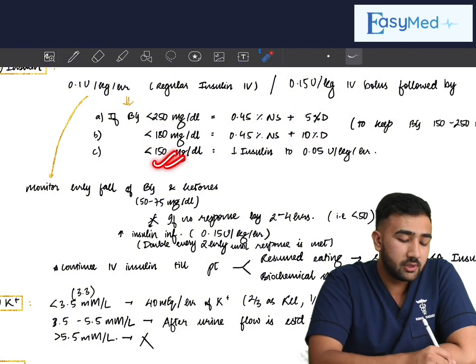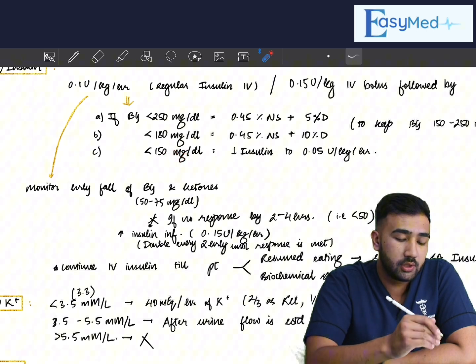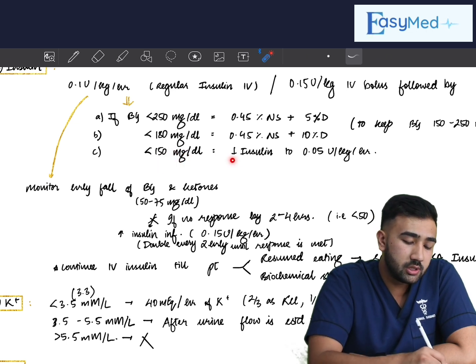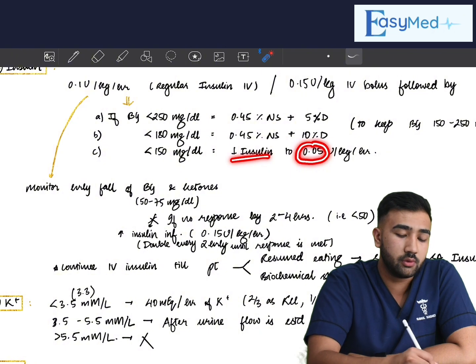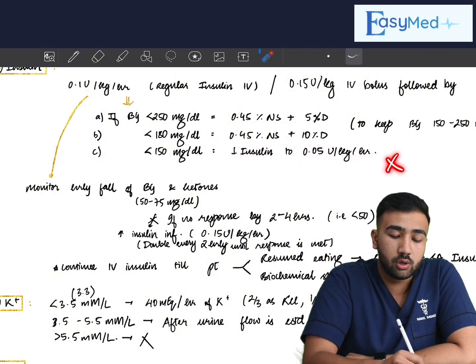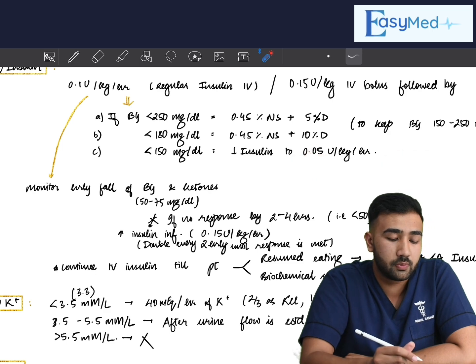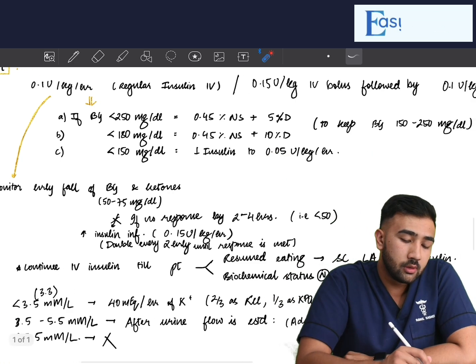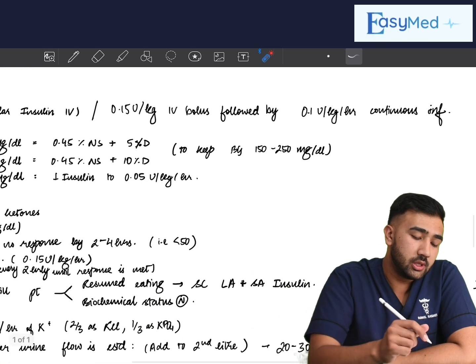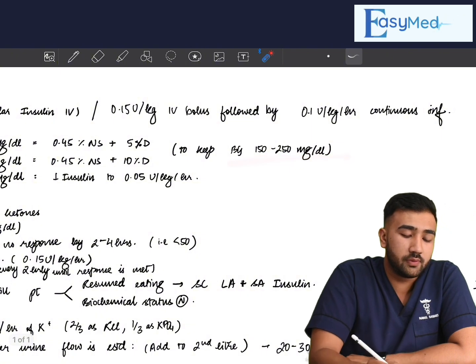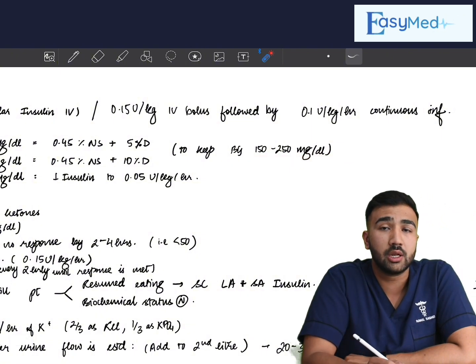And if it goes even below 150, then we have to decrease insulin to 0.05 unit per kg per hour. But do not stop insulin. Just decrease it by 0.05 unit per kg per hour. And the main thing is to keep the blood glucose between 150 to 250 mg per dl.